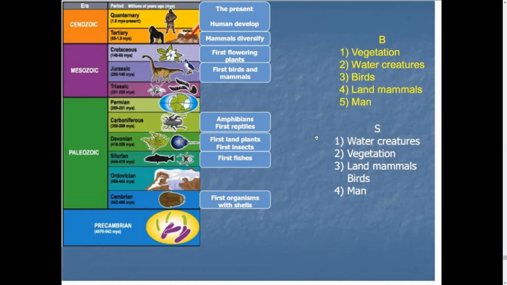When did amphibians and reptiles get introduced on Earth? When did mammals get developed on Earth? When did the humans start walking on Earth? So all those are events that took place at different times, and therefore they can be used to divide the geological calendar into different time scales.